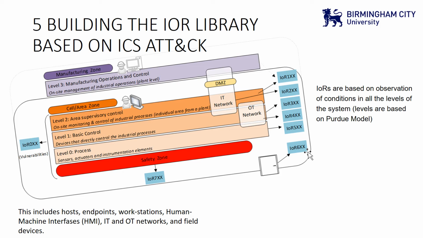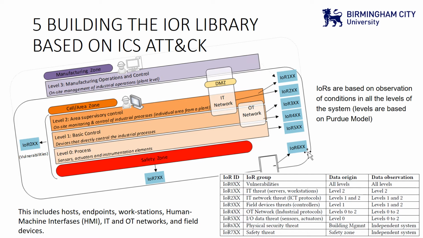Indicators of risk include observations from hosts, endpoints, workstations, HMIs, IT and OT network monitoring, and also field devices, which includes data from sensors. So each one of these 8 groups refers to a level of the system where the data originates or could be observed, which is not necessarily the same level. I can observe something on a field device in a workstation, for instance.